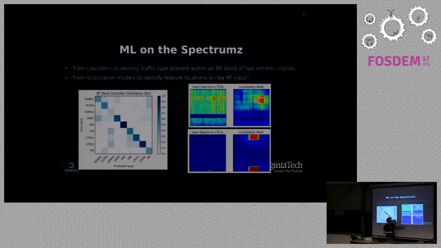If you do that, you get this localization mask that's used in imagery for object segmentation. We can do the same thing in spectrum. Once we've trained these features, we can take in arbitrary spectrograms and identify what's going on where and start labeling things.